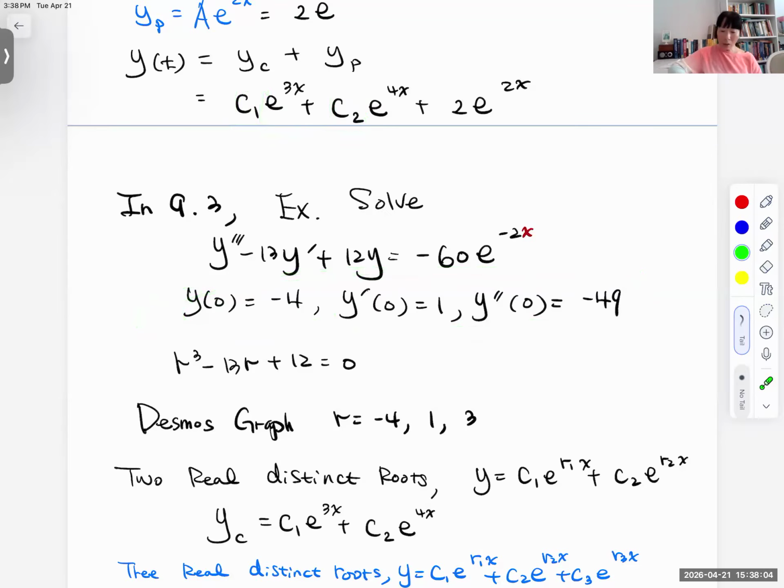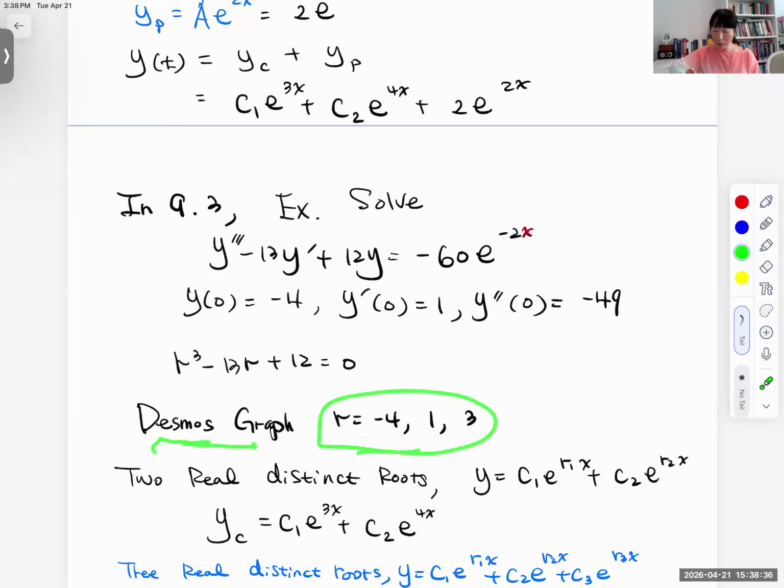We have experience with this previously, so that means we can rewrite the characteristic equation, which is r to the third power minus 13r plus 12 equal to 0. Therefore, the complementary solution. Now we had experience with the Desmos graph, which gives us the roots.